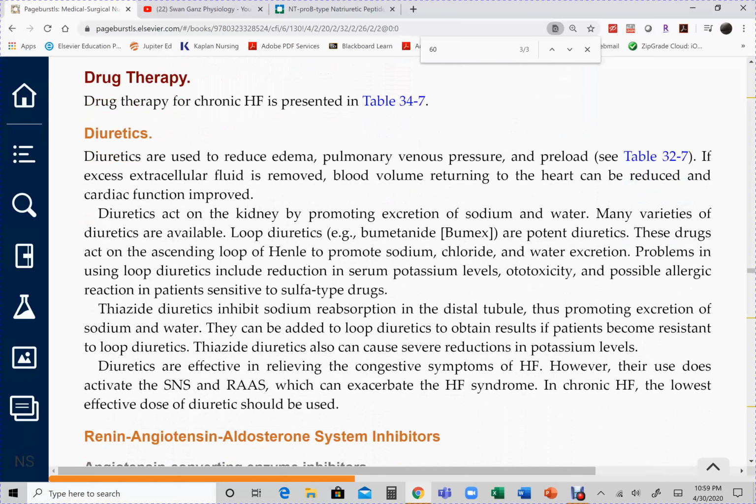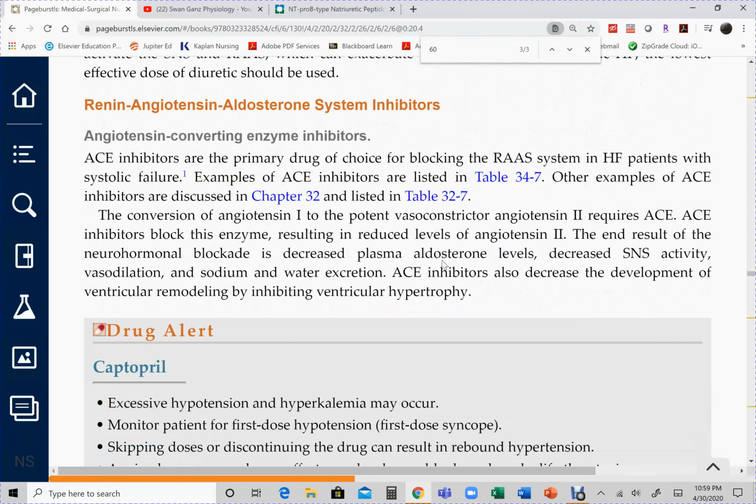Here I'll leave you responsible for the diuretics. Again, there are three: loop, thiazide, and potassium-sparing diuretics. ACE inhibitors and ARBs both, because of the nature of their action, stop the RAAS from occurring. So therefore, there will be no aldosterone, no sodium reabsorption.